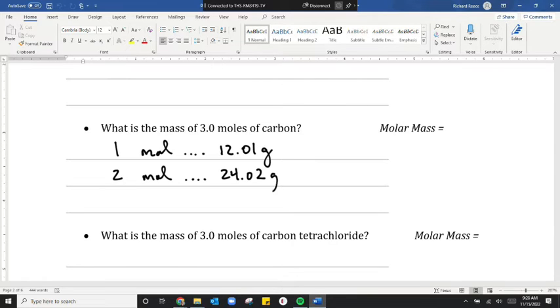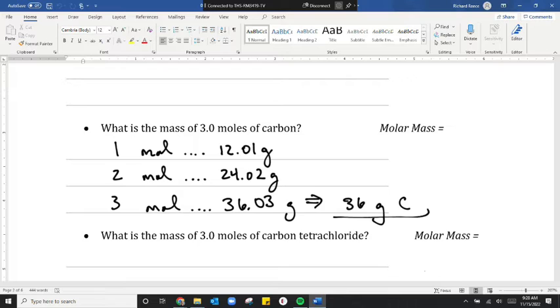Let's double that. So 3 moles of carbon. And then I'll just take it to my sig figs, 36 grams of carbon. So if you can think about it proportionally and get an answer, I prefer that just as much as the dimensional analysis or something like that.